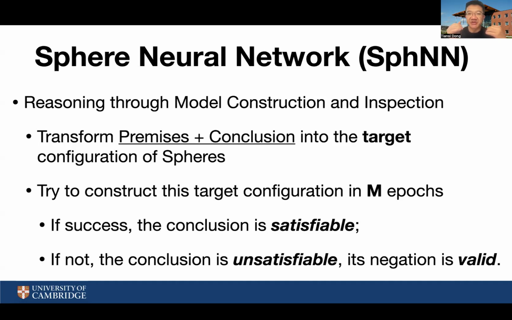And the feature m means it is able to construct a model within a maximum of m epochs if the model exists. With this feature, it can prove an unsatisfiable conclusion. If it fails to construct a model in m epochs, then the conclusion is unsatisfiable, and it can conclude the negation of this conclusion is valid.